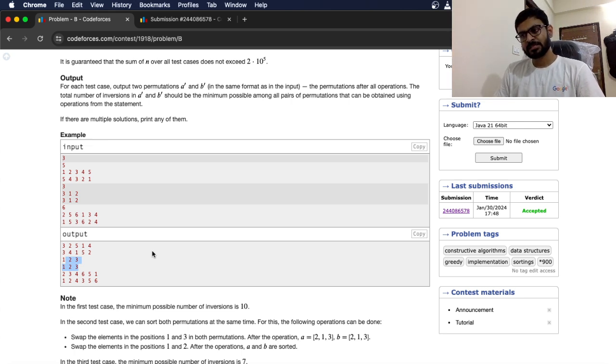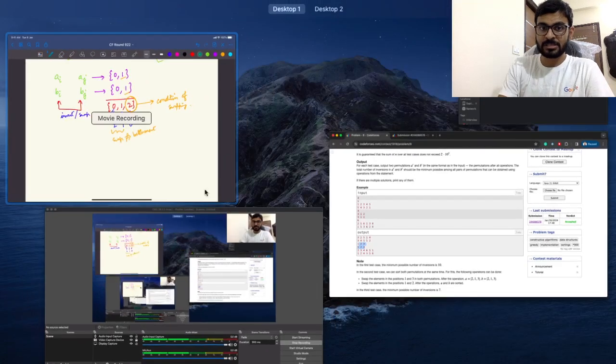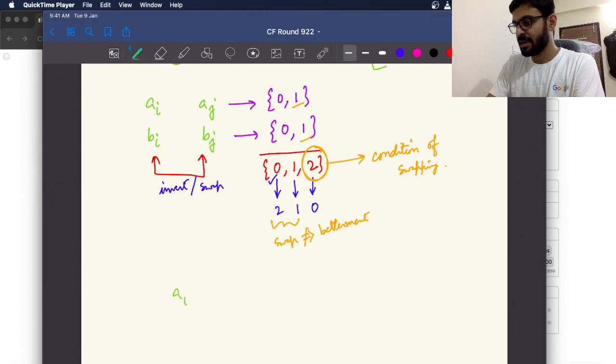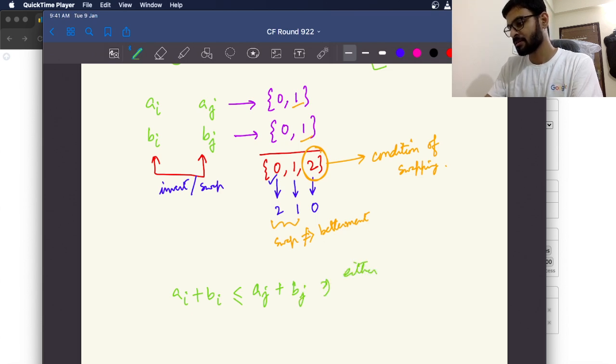If the sum increases, does this give me a guarantee? I say yes. If the sum increases, again the same thing. If I have AI plus BI is less than equal to AJ plus BJ, then this implies that either AI is less than AJ, or BI is less than BJ.